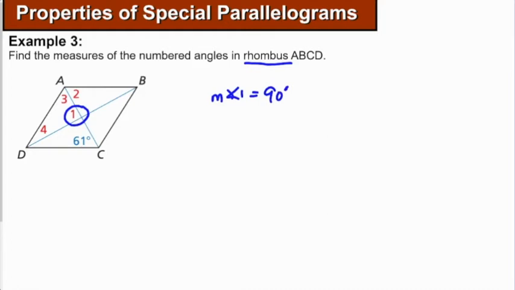The other theorem we learned is that diagonals bisect opposite angles. So we know that both of these angles are 61 degrees, and that angles 2 and 3 must also be 61 degrees.